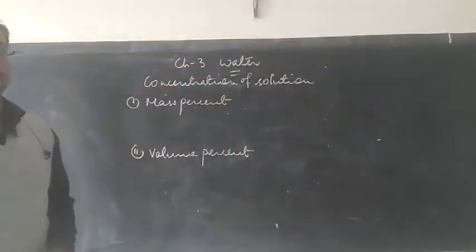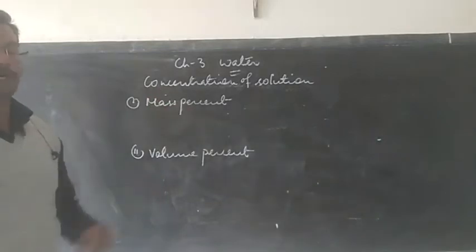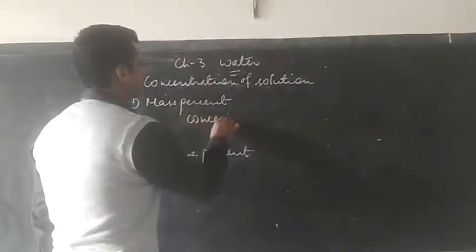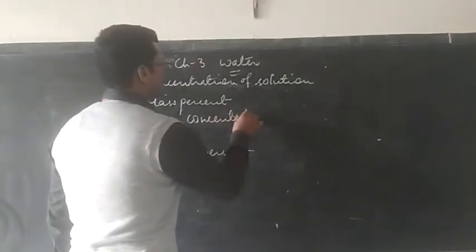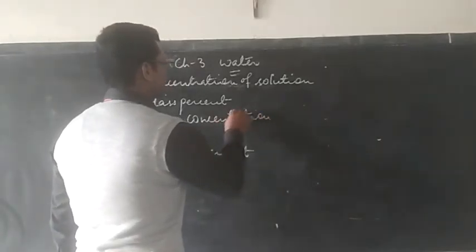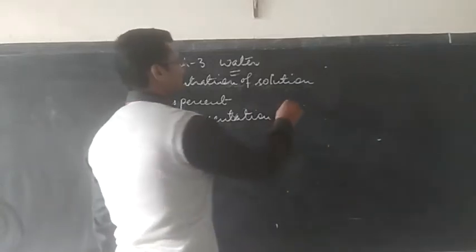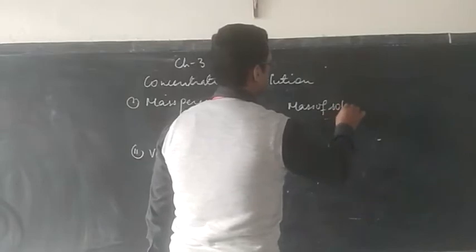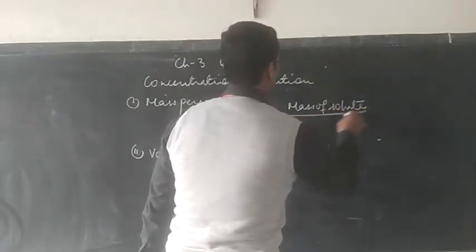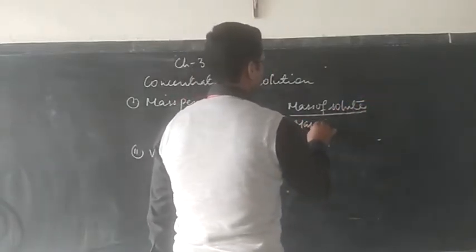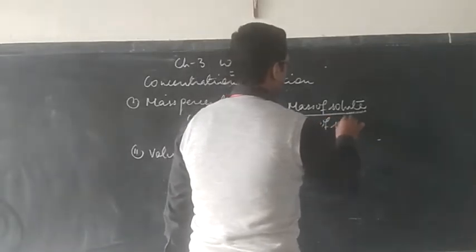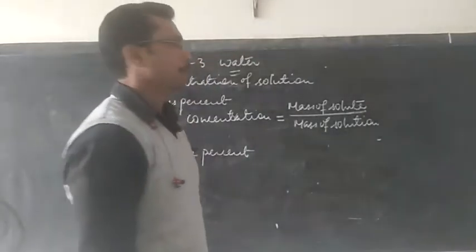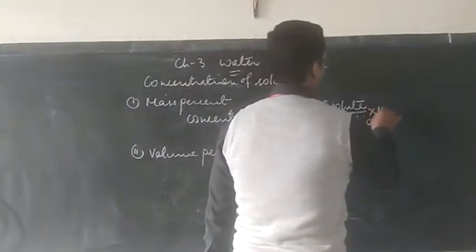Let us see how to find out the concentration in terms of mass percent. The formula is: concentration of a solution is equal to mass of solute divided by mass of solution. Solution, as you know, is solute plus solvent, multiplied by 100.